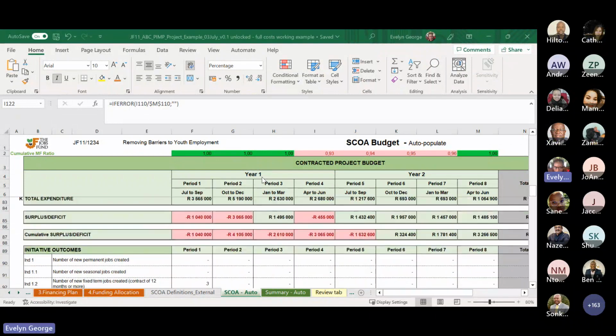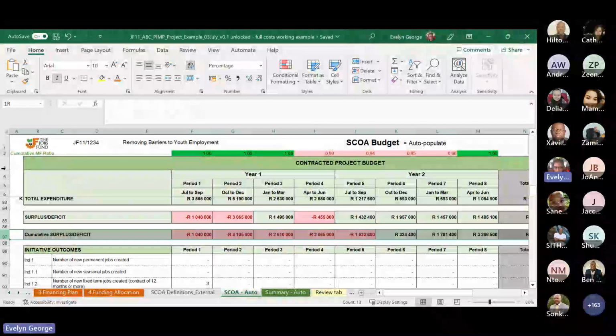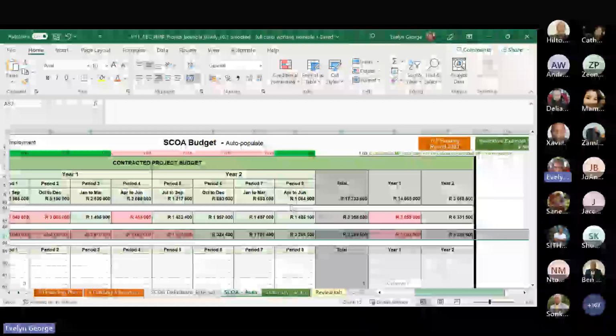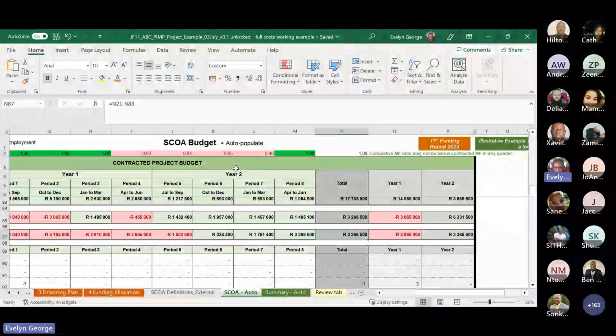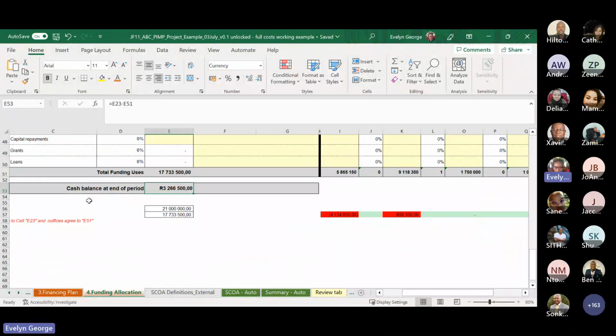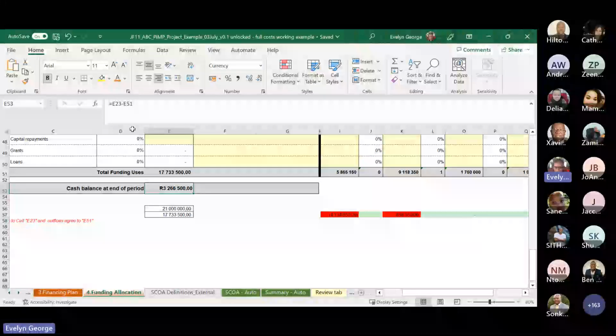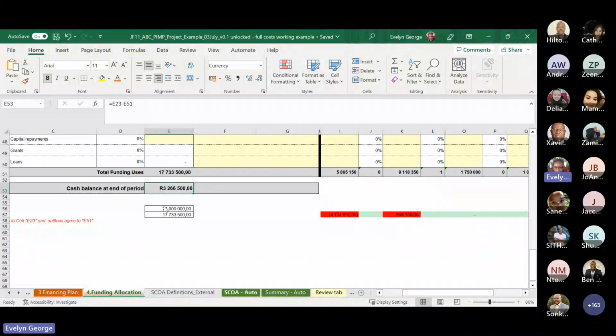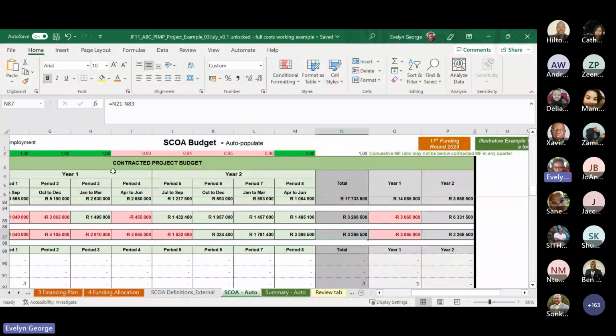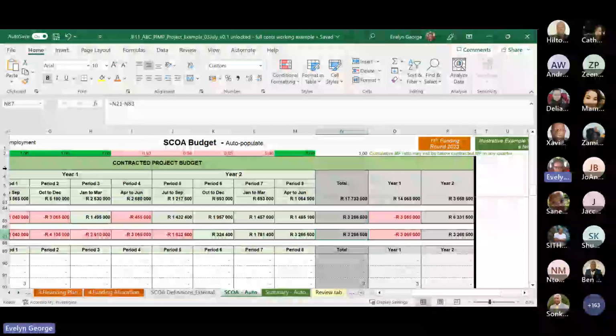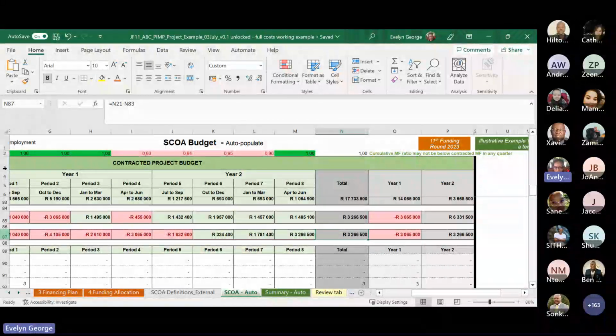Thank you. Okay, so the funding allocation tab is actually drawing the surplus amount from here. Well, yeah. So if you see, the amounts are identical, 3266. So it's a check rather on what's happening in the SCOA. So yes, it should be, I would say, also nominal, depending on the type of project.